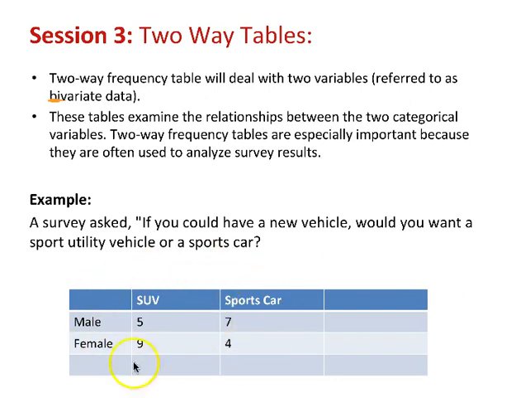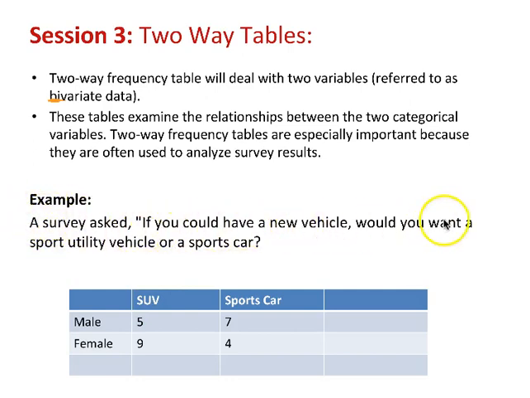So if we were to look at this two-way table, we could see that 5 males preferred a SUV and 7 preferred a sports car, where with females, 9 would prefer to have a SUV and 4 would prefer to have a sports car.